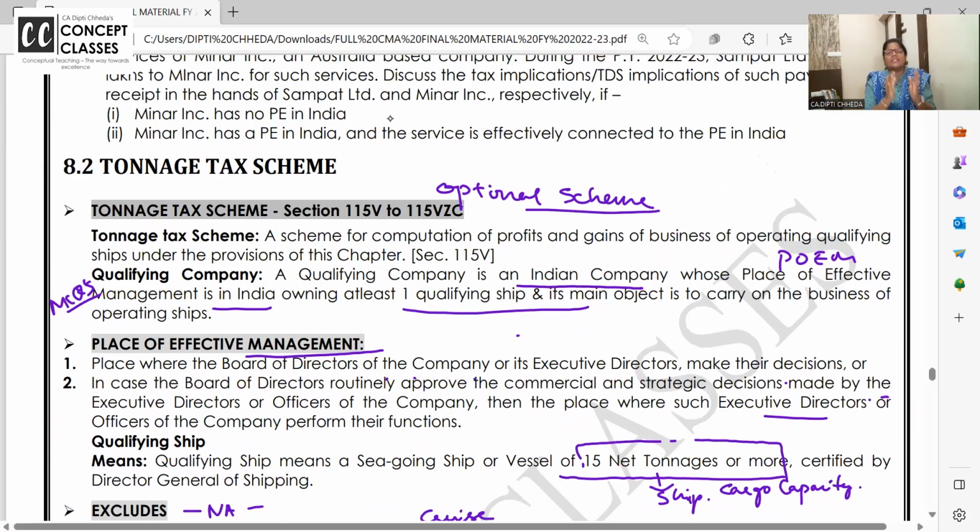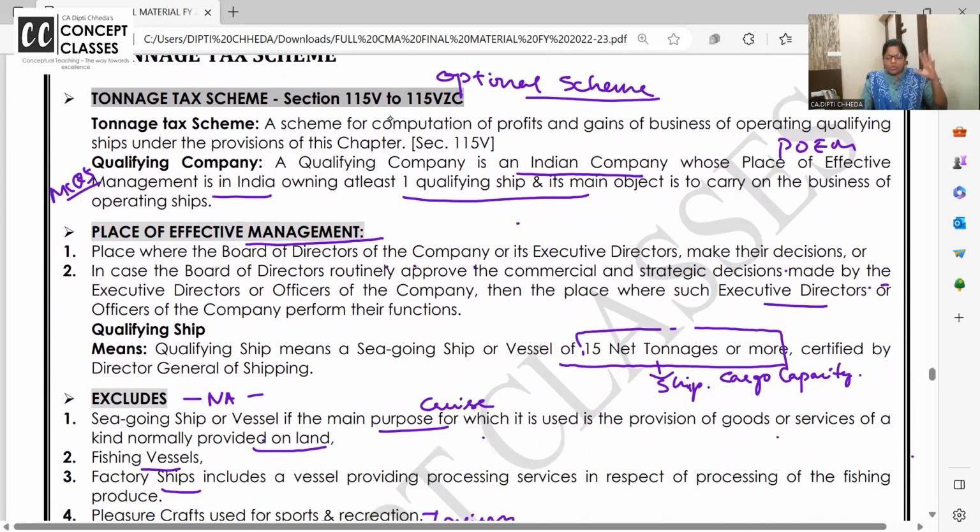Tonnage tax scheme is optional. It is for an Indian company whose POEM is in India, and it should have at least one qualifying ship.